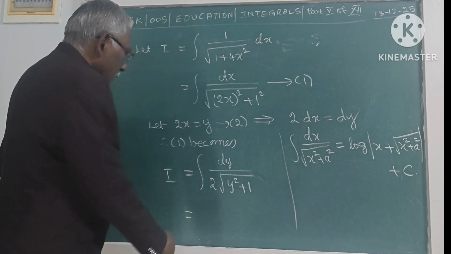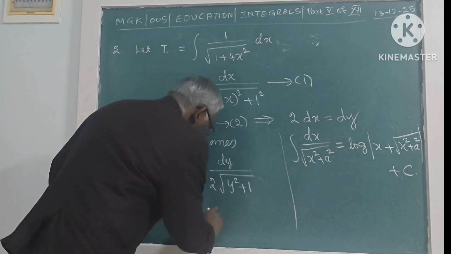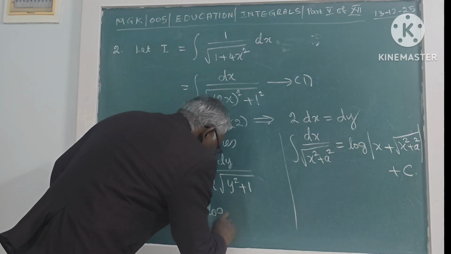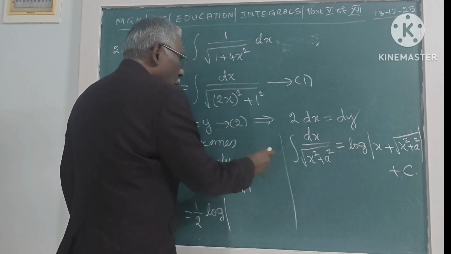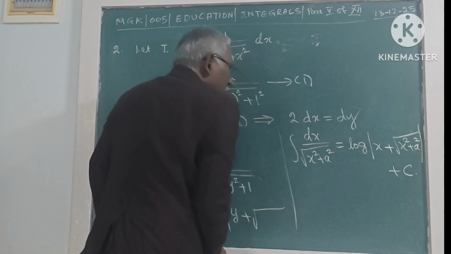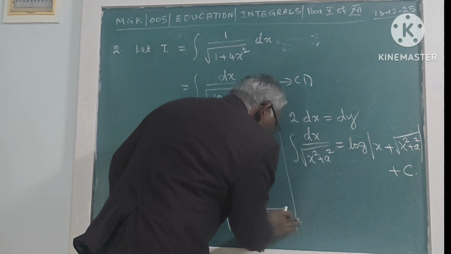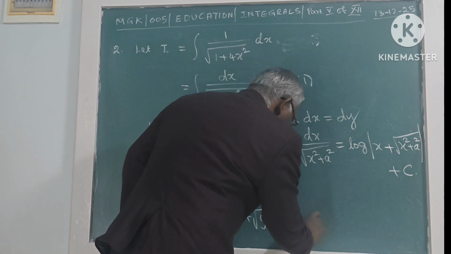So when we write here, this 2 we take outside: 1 by 2 times log of y plus square root of y square plus 1 plus constant.